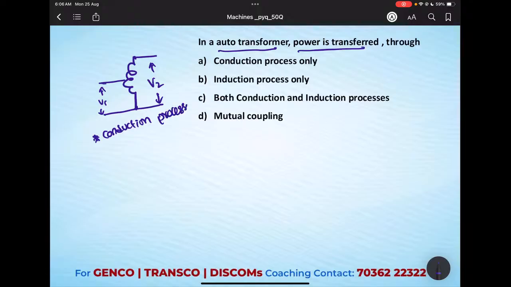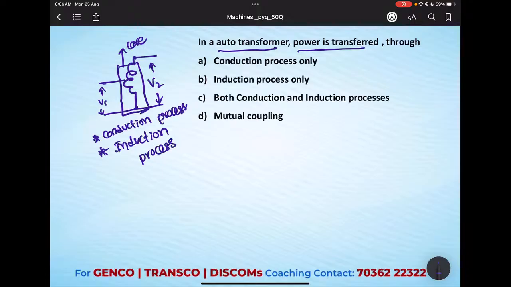Second thing is, the winding is placed on the core, so some amount of power is also going to be transferred by the process of induction. This is the core. As we studied in the two winding transformer, the same flux linking, that means mutual coupling, so power is transferred from primary to secondary. Clear?